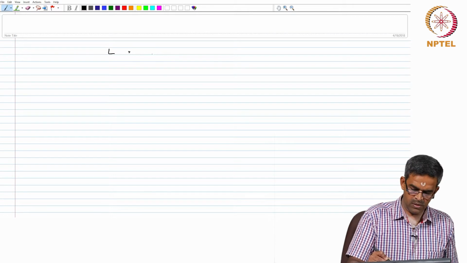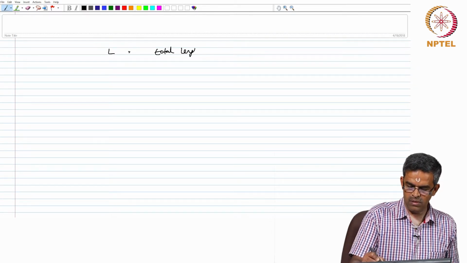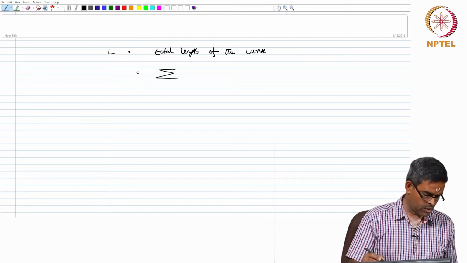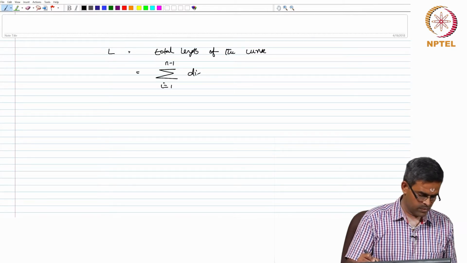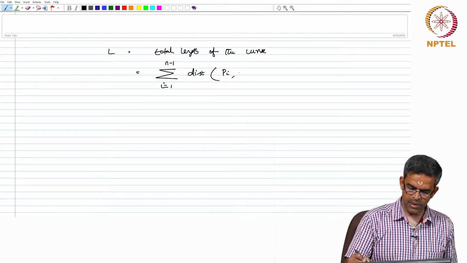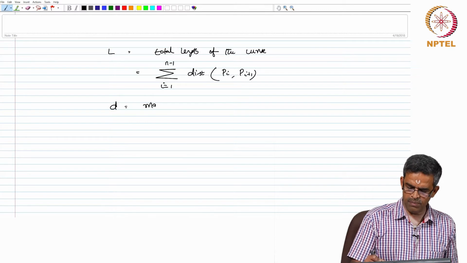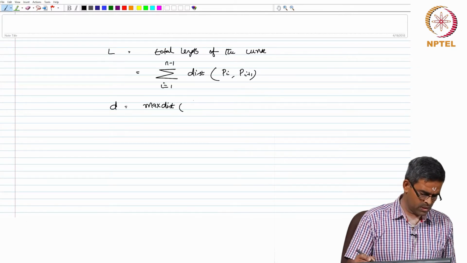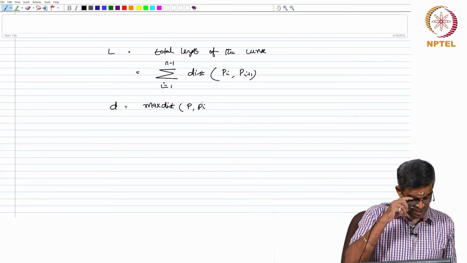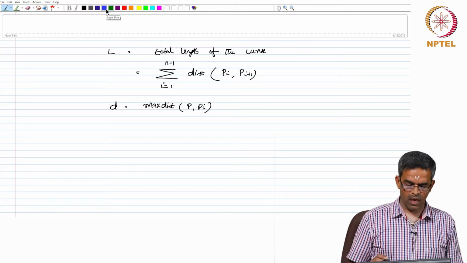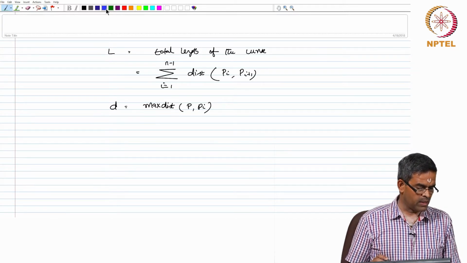L represents the total length of the curve, which is actually given by summation of i equals 1 to n minus 1 distance between p i and p i plus 1, whereas d is a simple function of maximum distance between p 1 and p i. Now, friends, there is another information about the fractal dimension method.